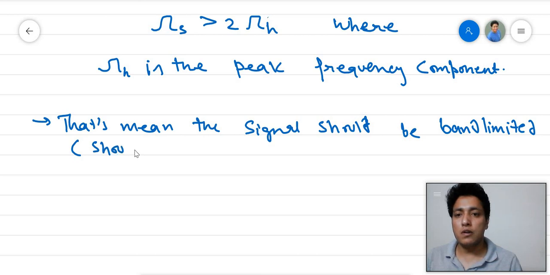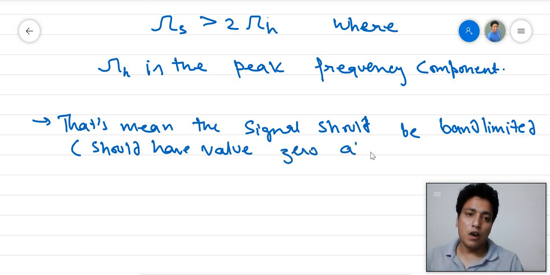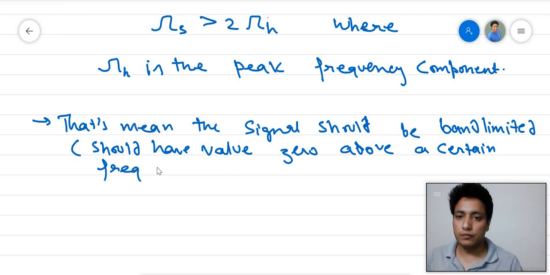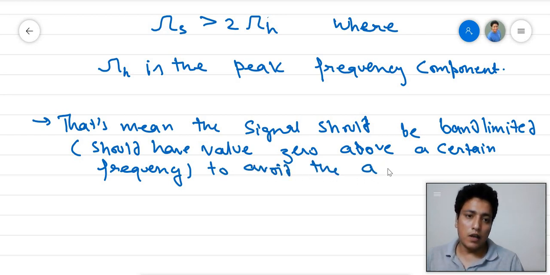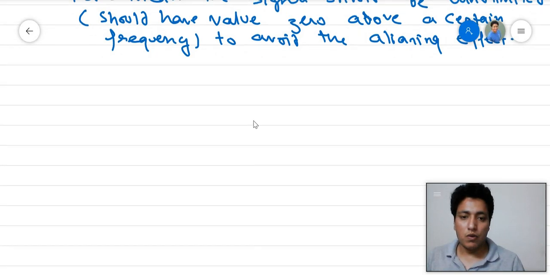That it should have value 0 above a certain frequency. In this case, that is the highest peak frequency, that is omega h, to avoid the aliasing effect.